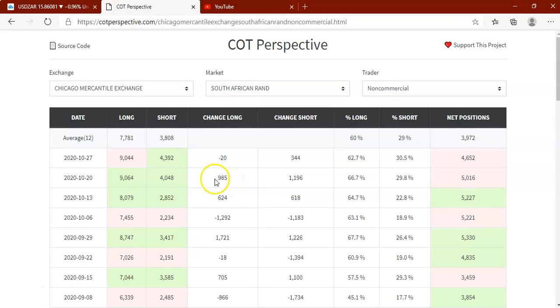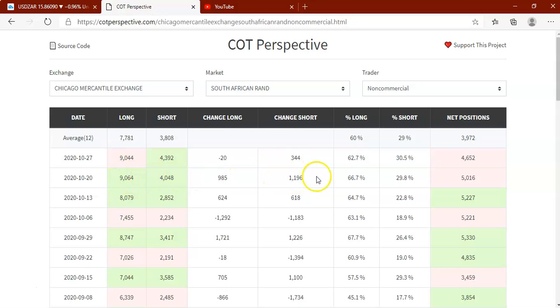they opened only about 985 long positions. They added 985 to make 9,000 positions, and they added more sells from here to here.